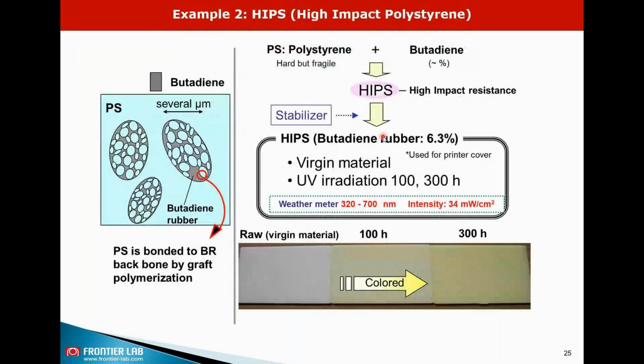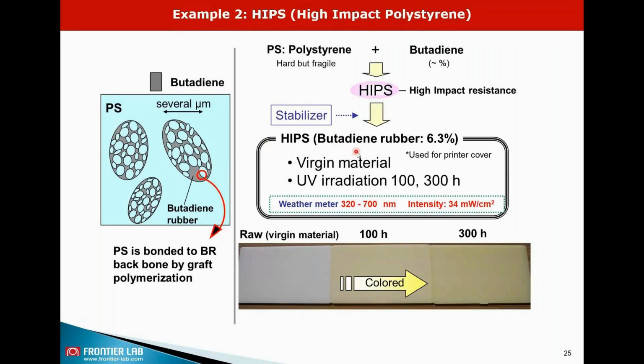Now example 2 is again looking at the use of this online micro UV with the PY-GCMS. Polystyrene, as you all know, is a very hard polymer but very fragile. So to really increase the impact strength, people make high impact polystyrene by blending polystyrene with butadiene, where the polystyrene is bonded to the butadiene rubber backbone through graft polymerization.